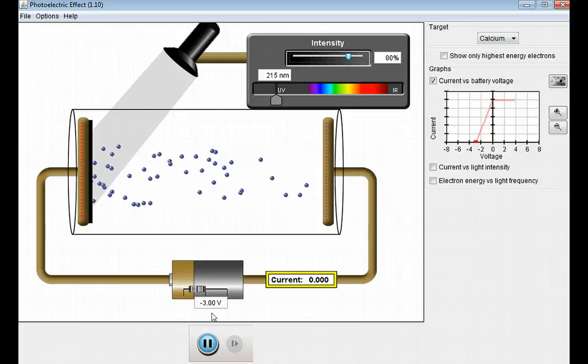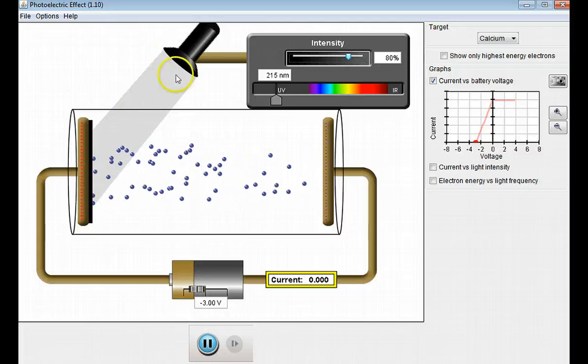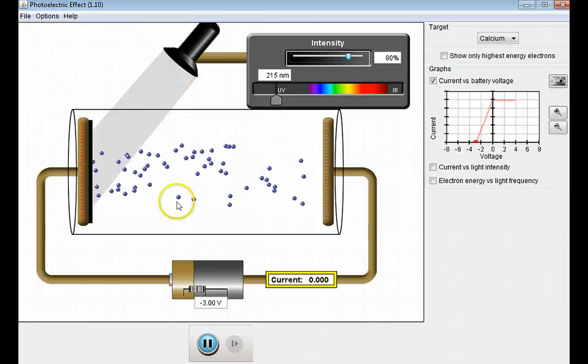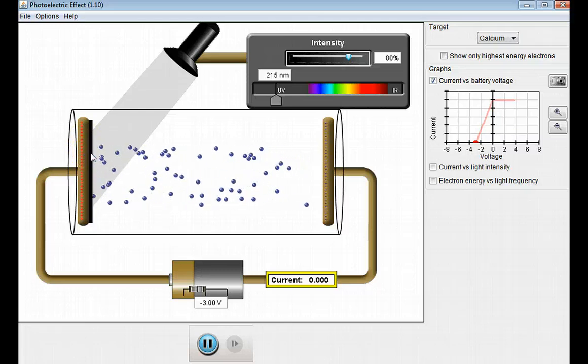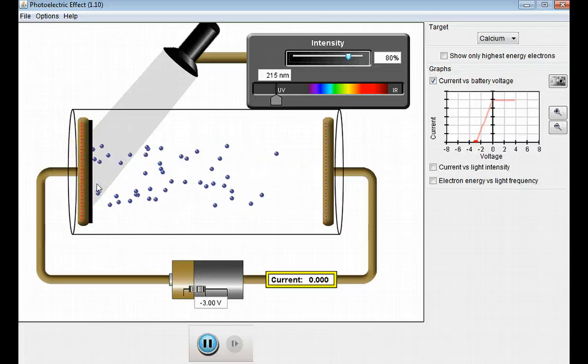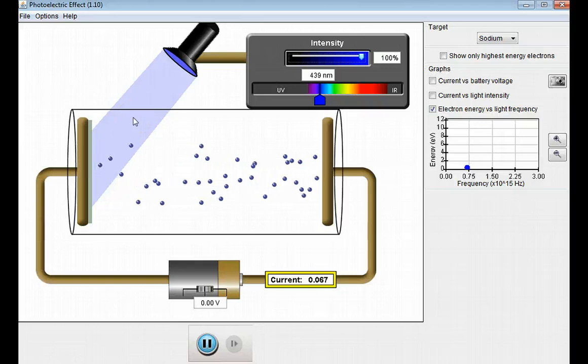Next, what we need to look at is how the frequency of this lamp is related to the energy of these photoelectrons that are being ejected from this target metal surface. Now let's watch what happens as I vary the color of the light that shines on the metal.